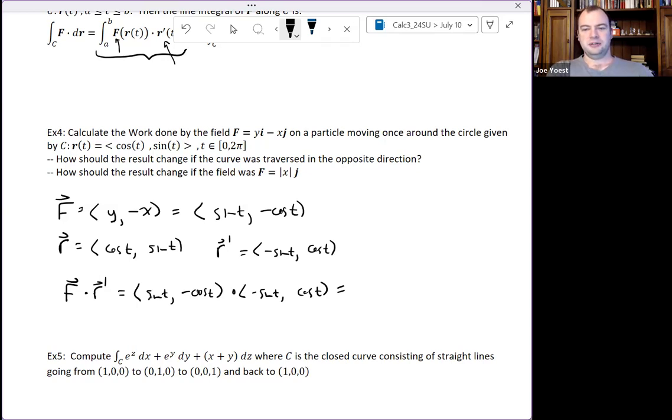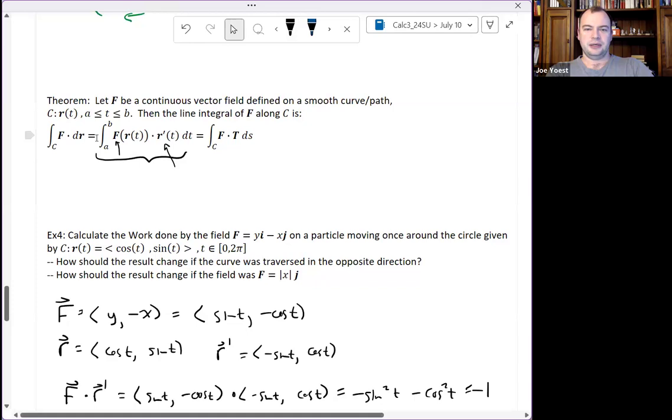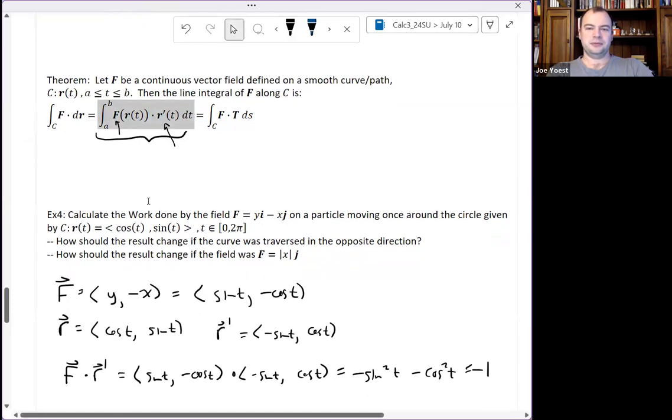And this gives me negative sine squared t minus cos squared t, which is just -1. So the work done is this integral.